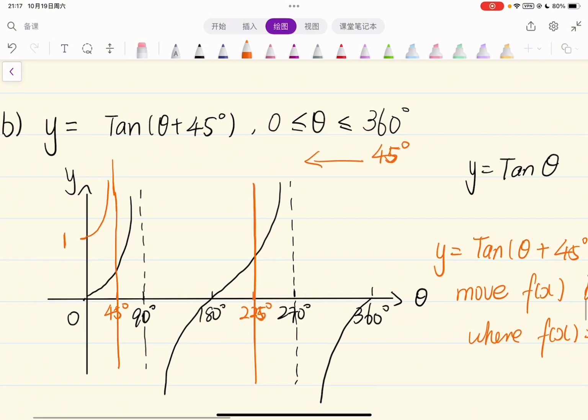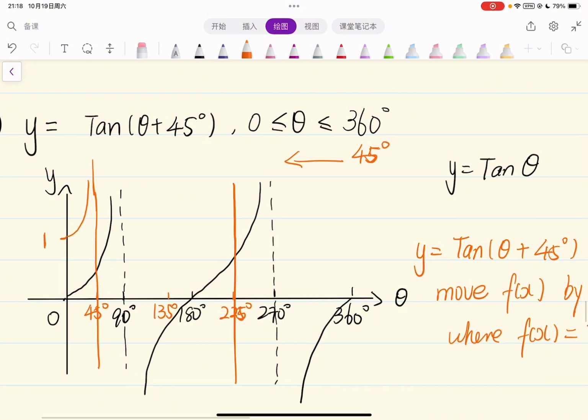Now, for theta equals 180 degrees, y equals tangent 180 degrees, that equals 0. Now you move to the left about 45 degrees, so 180 degrees minus 45 degrees should be 135 degrees. Here, at theta equals 135 degrees, y equals tangent theta plus 45 degrees equals 0.